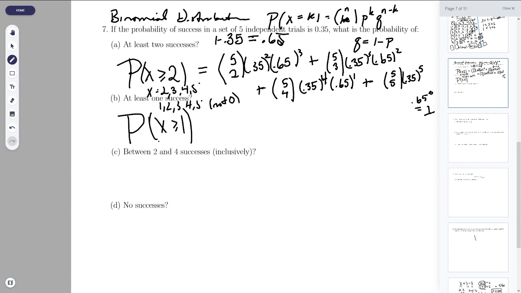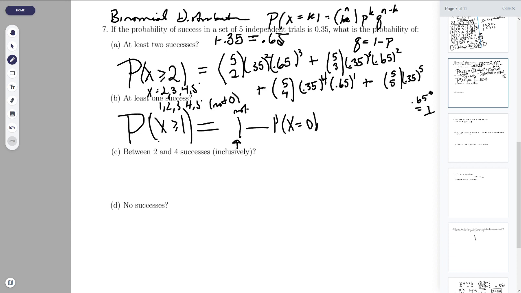So instead of doing it the direct way, we complement: it's not the probability that x is equal to 0 successes.